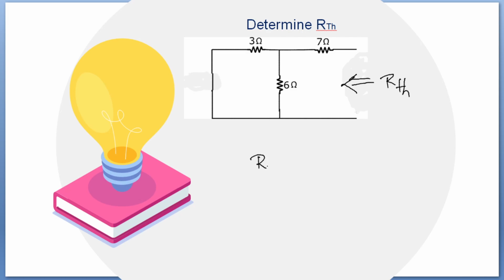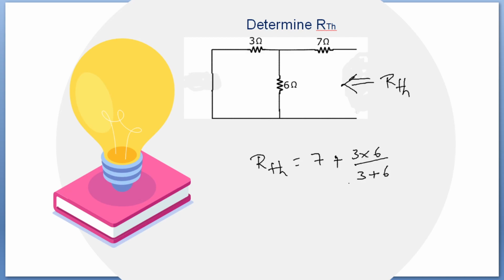So R Thevenin is equal to 7 plus 3 into 6 by 3 plus 6, that is R1 R2 by R1 plus R2.